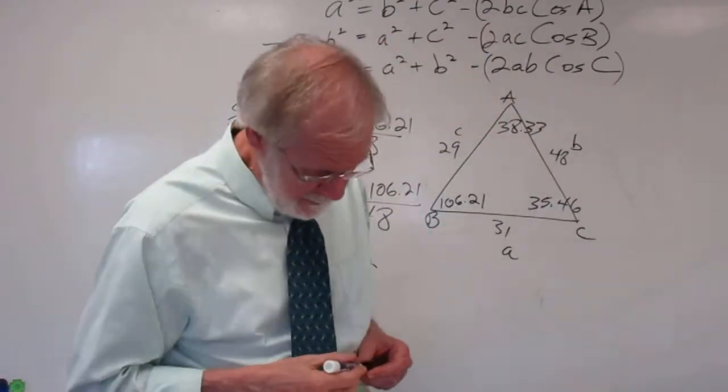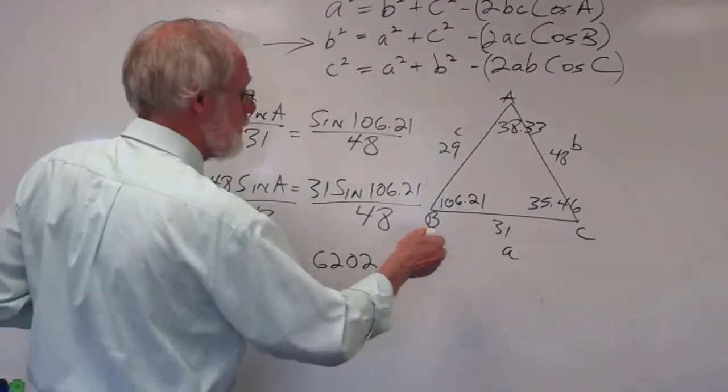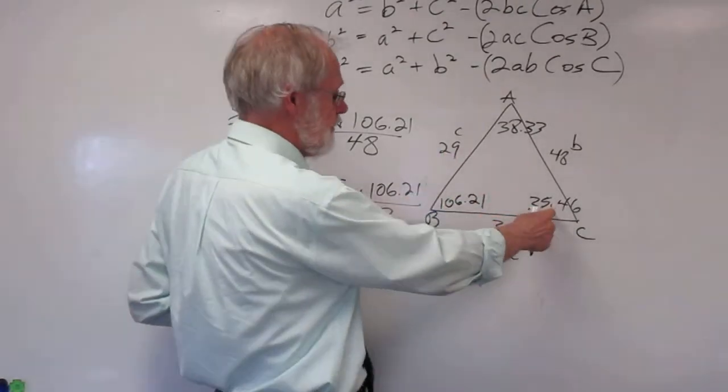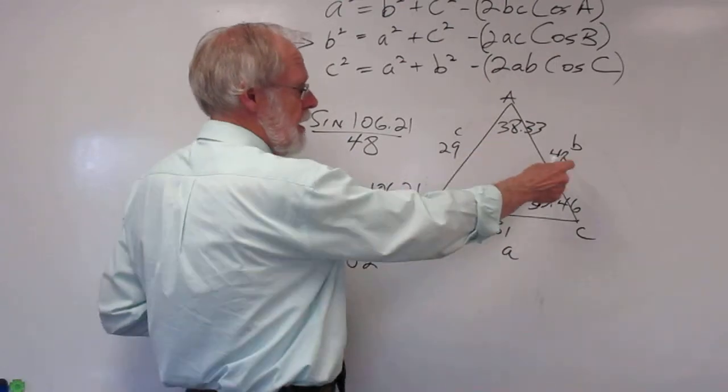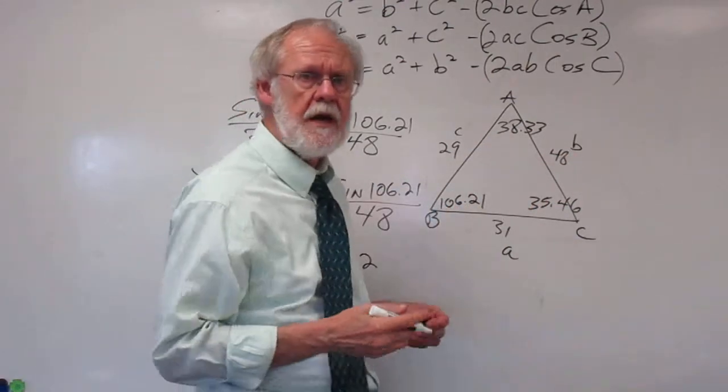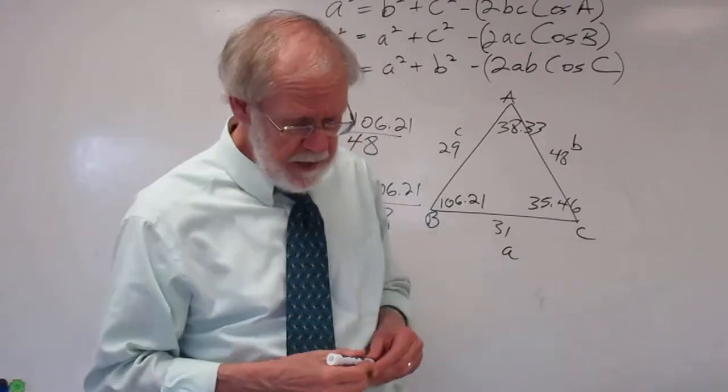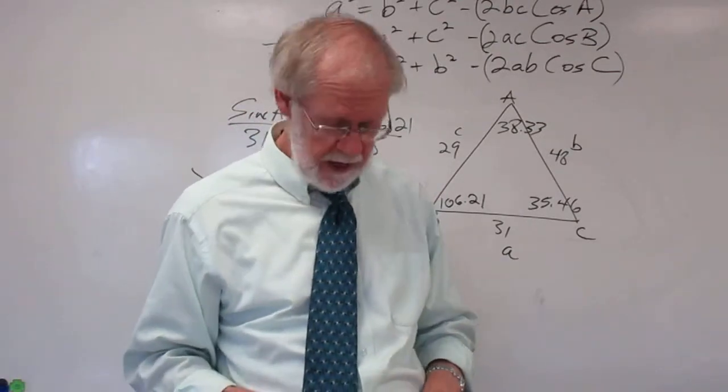Now, let's see if that makes sense, because smallest side opposite smallest angle, middle side opposite middle angle, and large side opposite large angle still doesn't guarantee we got the problem right, but at least it tells us that we're on the right track.